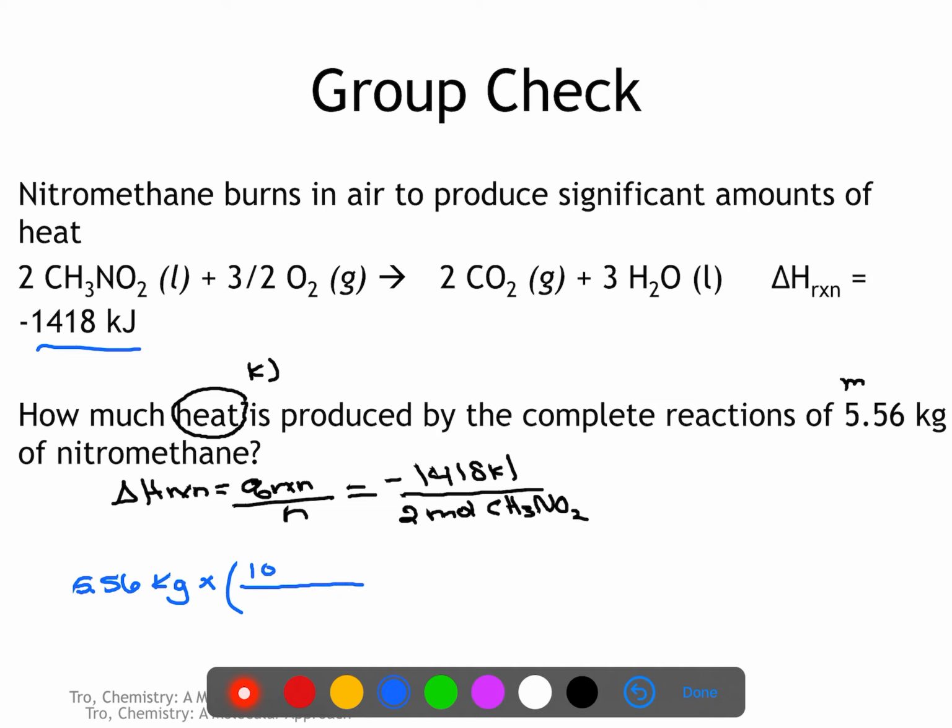So first, there's 1,000 grams in 1 kilogram. And then my molar mass is 61.021 grams. And since I want to have moles so I can cancel, I'm going to put it on the top, 1 mole over 61.021 grams. And then I can use my heat.